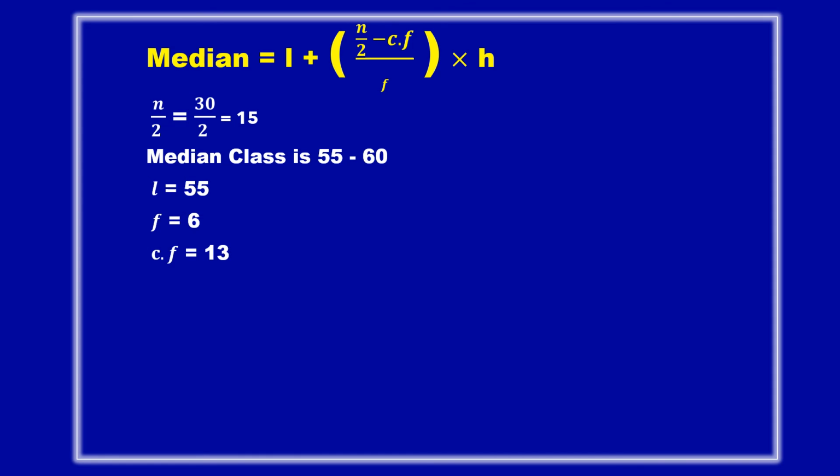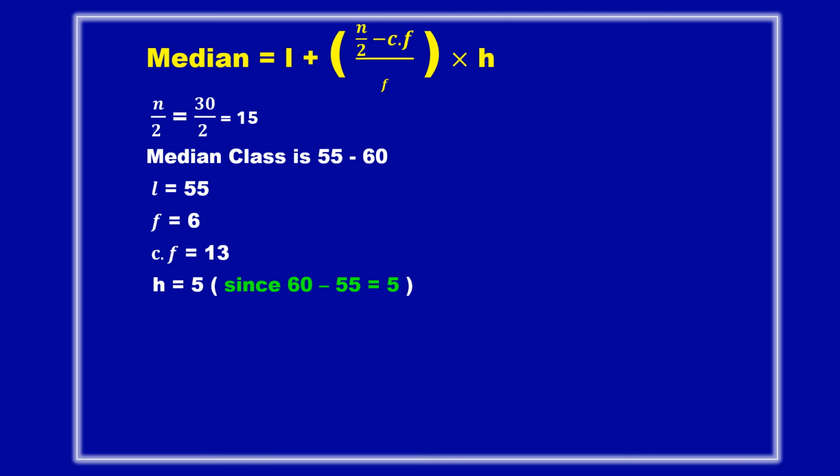Children, in the table you should compulsorily indicate all the values like N, F, CF, whatever is there. Indicate them in brackets in the table, and before substitution write them in this way. The same thing you should write in the exam. And H is 5 because 60 minus 55 is 5.